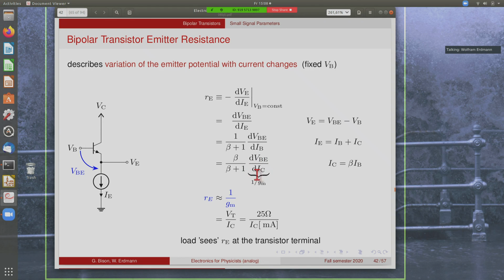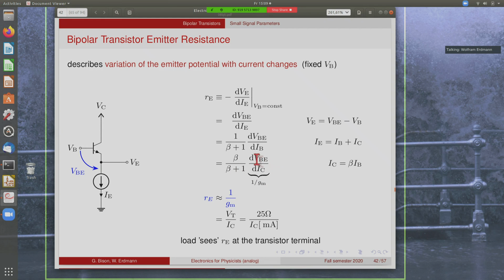And if we want to now express it in terms of the collector current, we have a beta divided by beta plus 1 here up front. And the term that is here, we've already seen on the previous page, is nothing but 1 over GM. So this term for large beta is usually close to 1.